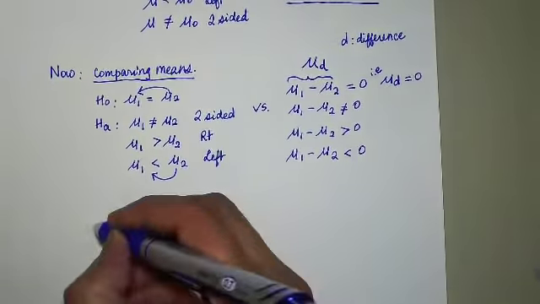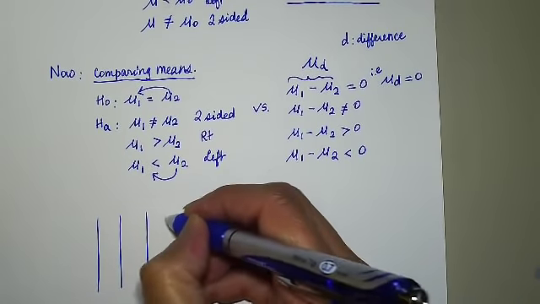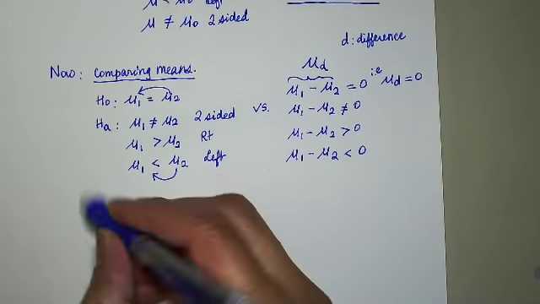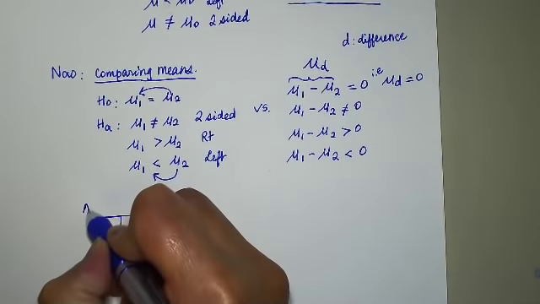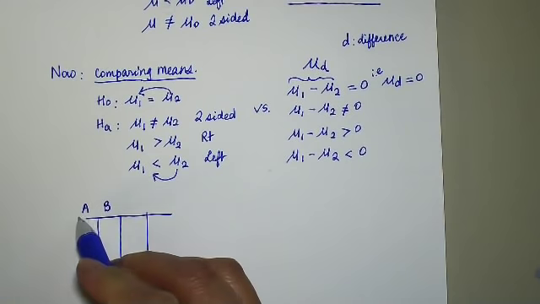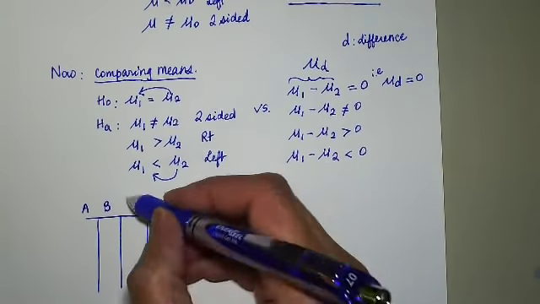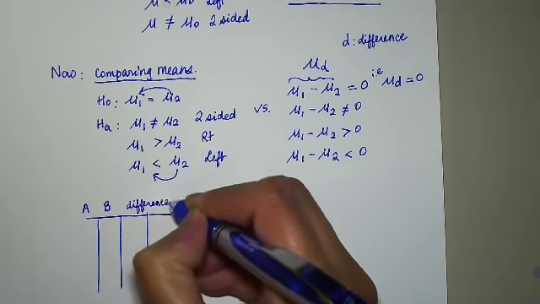So what you will observe in this kind of a study is they will give you columns. For example, some observations for A and some observations for B, where A is what they observed on the first twin and B is what they observed on the second of the pair of twins.